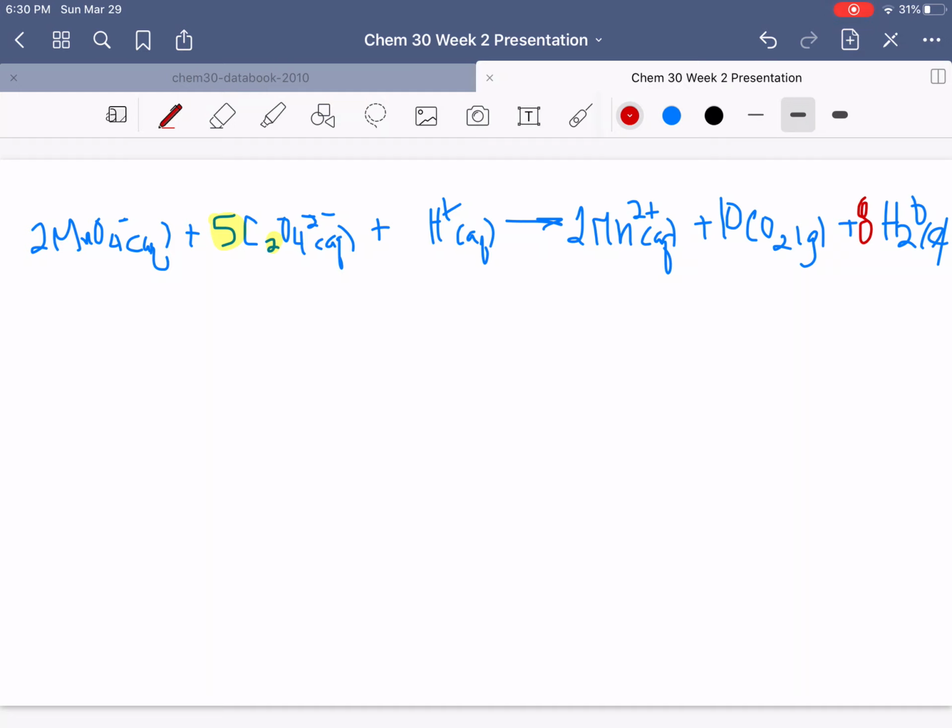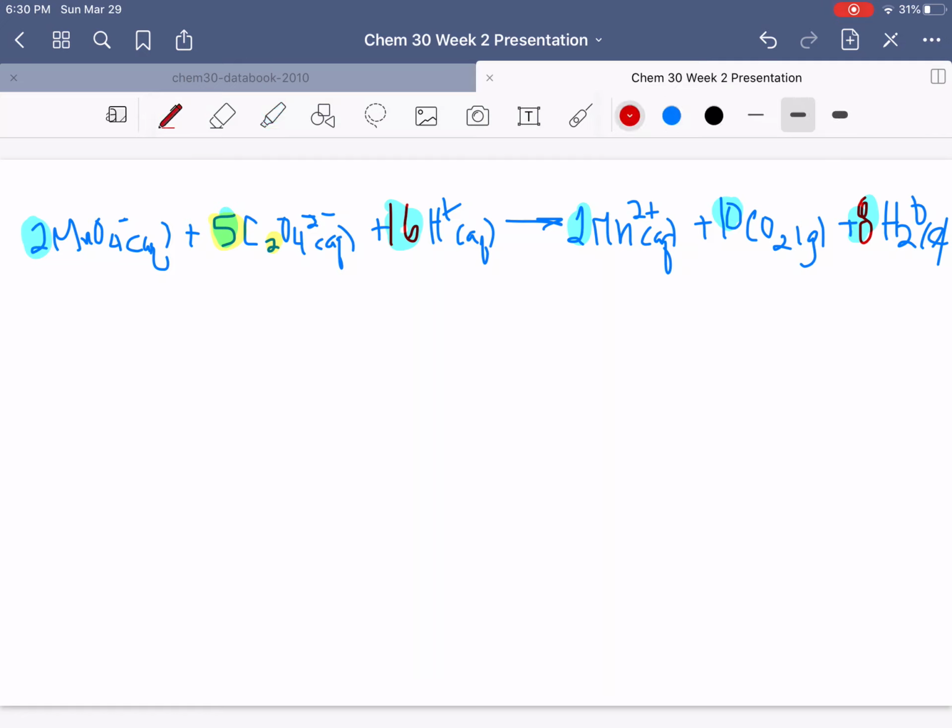Check out the hydrogens. We have a total of 16 hydrogens, 8 times 2 being produced, which means I'm going to have to put a 16 on this side in order to have an accurate amount reacting. So there's our coefficients: 2, 5, 16, 2, 10, and 8.